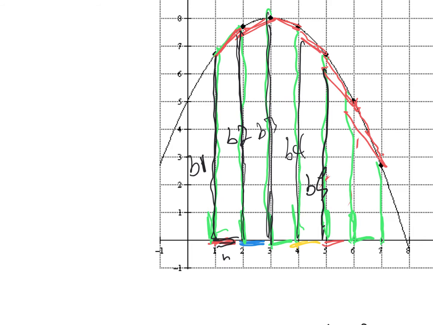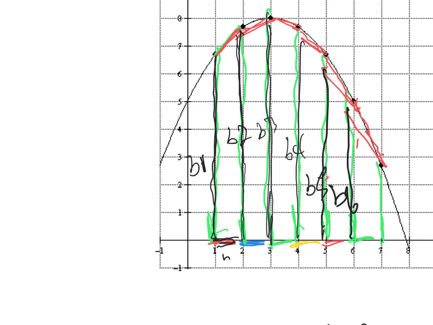And then I go to my next trapezoid, and that's my base 6. So A5 is the 1/2 B5 plus B6. And then my sixth trapezoid.